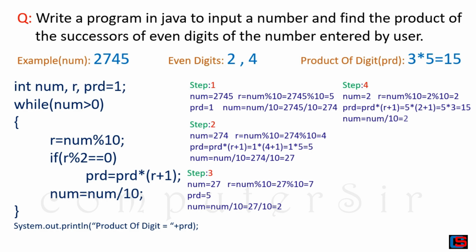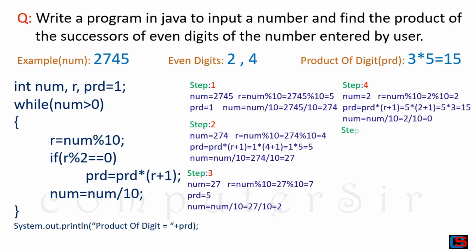The value of r right now is 2, and the previous value of prd in step 3 is 5, so 5 into 2 plus 1, and 2 plus 1 becomes 3, so 5 into 3 becomes 15. Now num equals num by 10, so 2 divided by 10, and the value of num becomes 0.